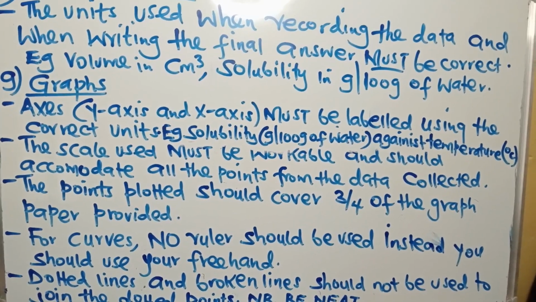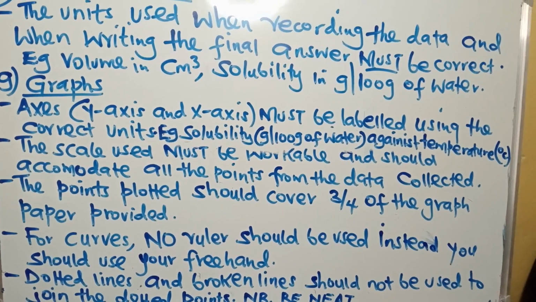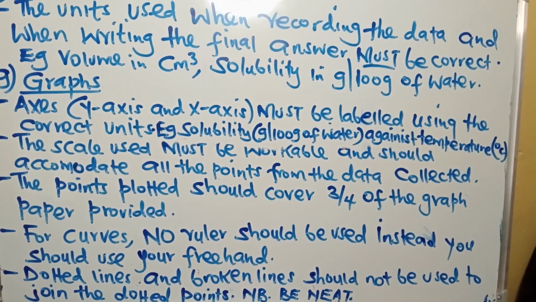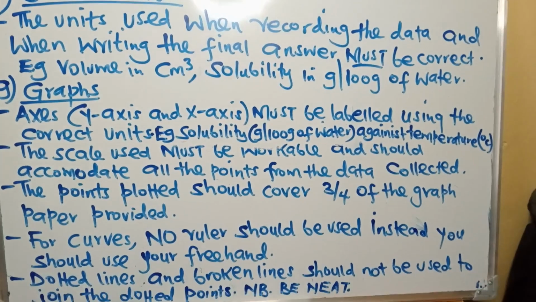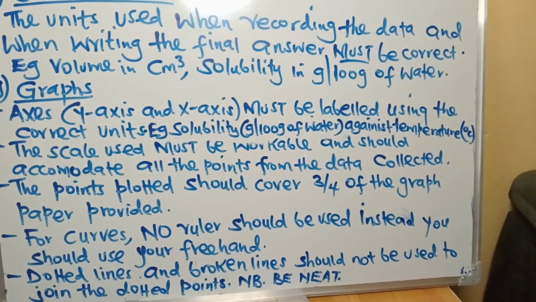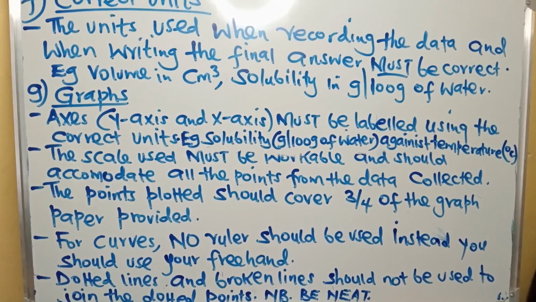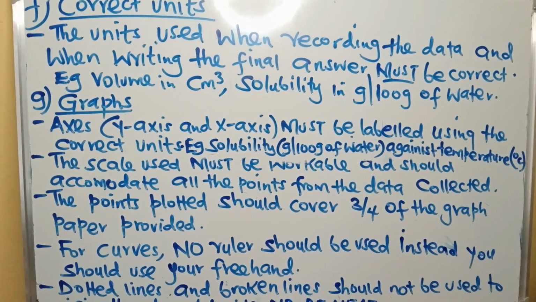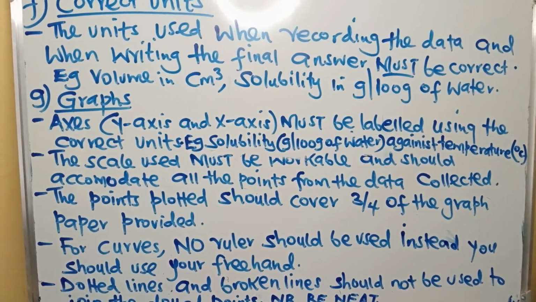That is on the average. They have tried, but still, majority of the points will not be seen clearly. So to be on the safer side, utilize 3/4 of the graph paper. That way you are very sure that majority of the points, in fact all of them, can be seen clearly where they are, without missing any and without having a difficult time searching for any point. So 3/4 is the ideal size of the graph paper.